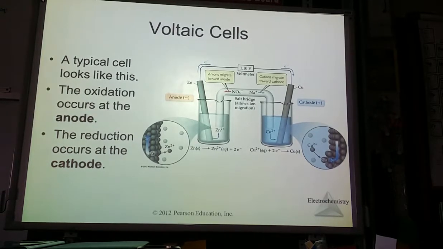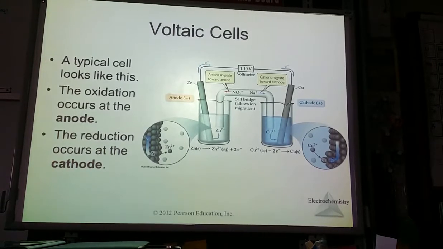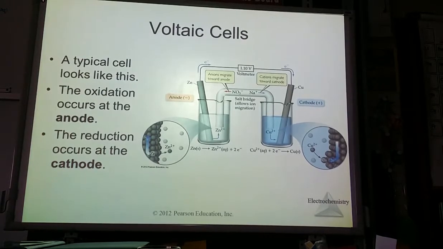I think I had you define that the purpose of a salt bridge today was to maintain that charge balance just because we have electrons moving from one half cell to the other half cell. And again, very common ones are NaCl or KCl. Those are the ones that we probably would prefer. Don't be surprised though if you see NaNO3 or KNO3. That's another one that maybe they like to use. But those are probably the ones that you'll see.